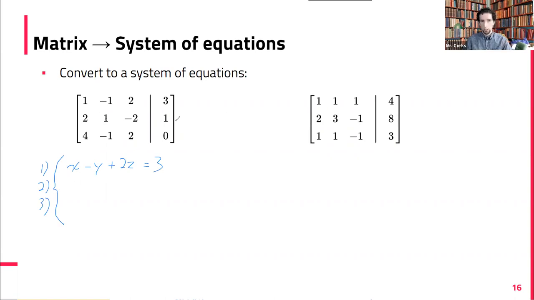The second equation, same thing. We'll have 2x plus y minus 2z is equal to 1. And then for the third, sorry, I forgot there, y, so minus y plus 2z equals 0.